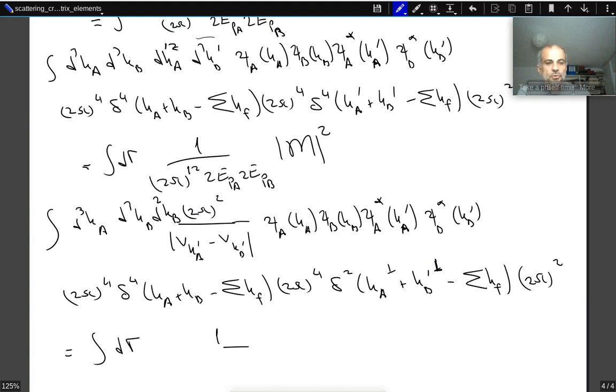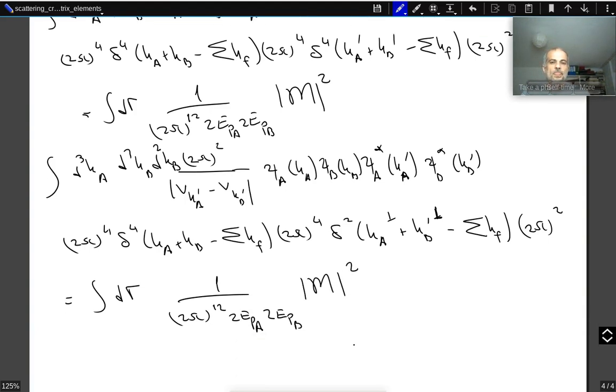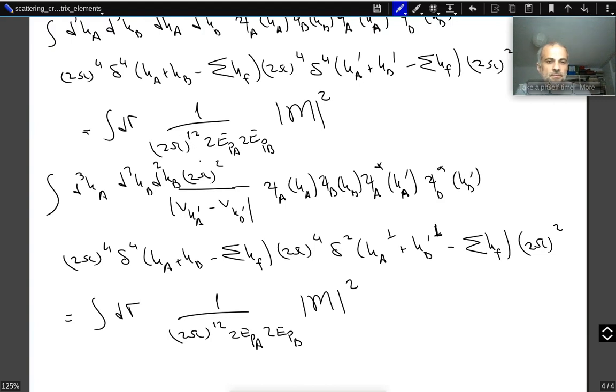dΓ = 1 over (2π)^12, 1 over 2E_Pa, 1 over 2E_Pb, M squared. Now let's see, this is in fact (2π)² over here, (2π)² over here, this is also squared. 2, 4, 6, 10.